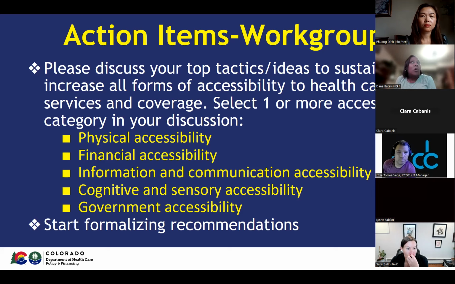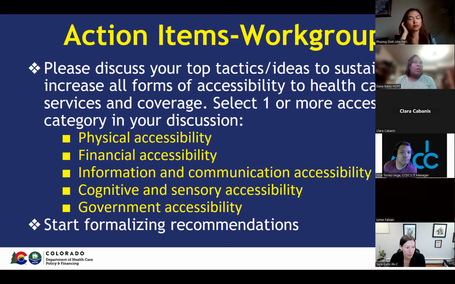Select one or more accessibility categories in your discussion: the physical, the financial, the information and communication, cognitive and sensory, or government, and incorporate that into what you've already been working on, and begin to start formalizing your recommendations that you will make to the department.